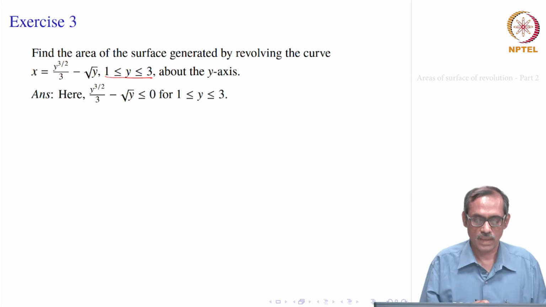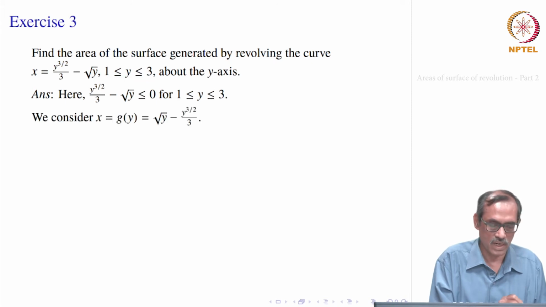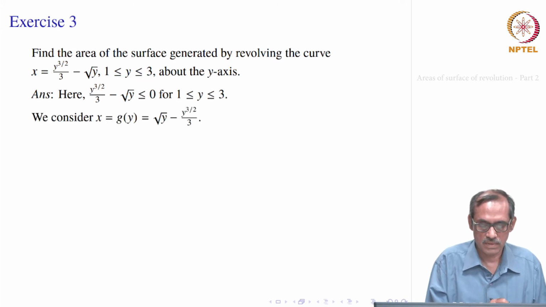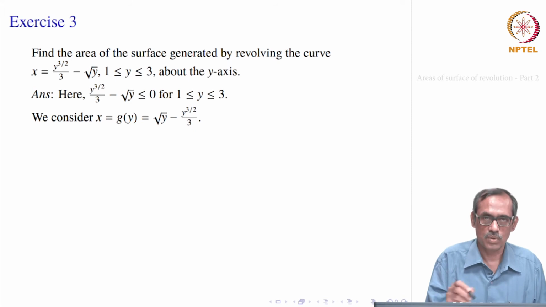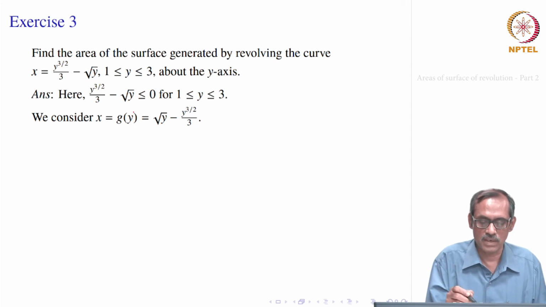At 1, of course, you can see it is 1 by 3 minus 1, and at 3 also similarly, throughout it is y to the power 3 by 2 by 3 minus root y less than or equal to 0. So, that means we should consider its negative to get the correct area. Area will be anyway the modulus of that integral. So, we are assuming greater than or equal to 0.